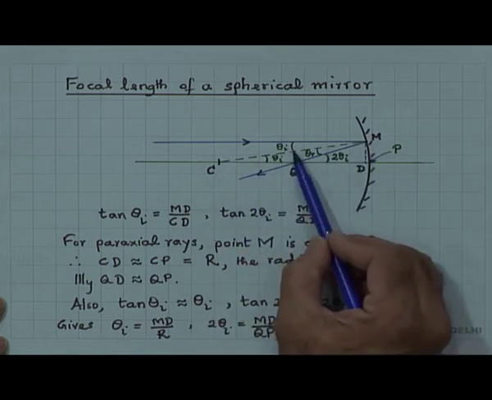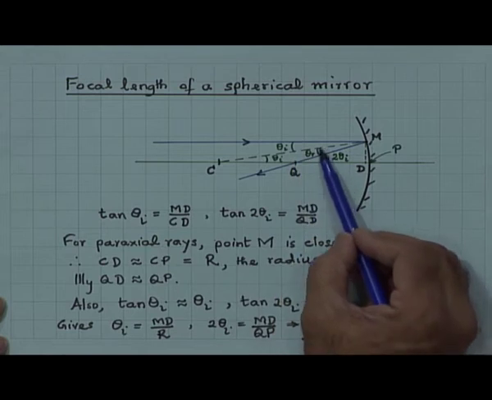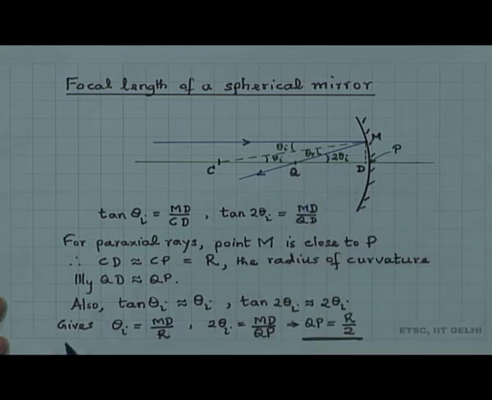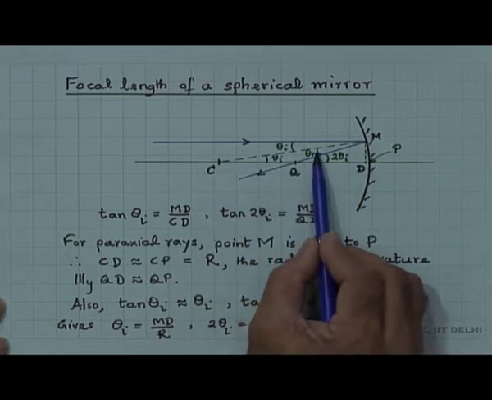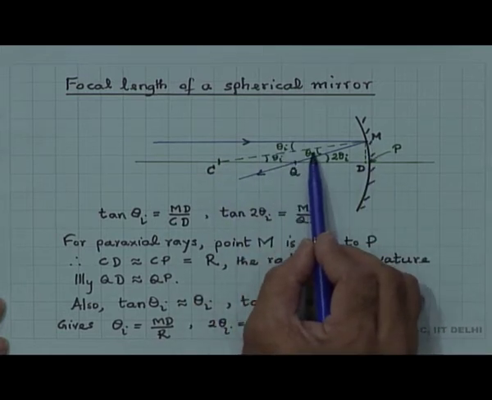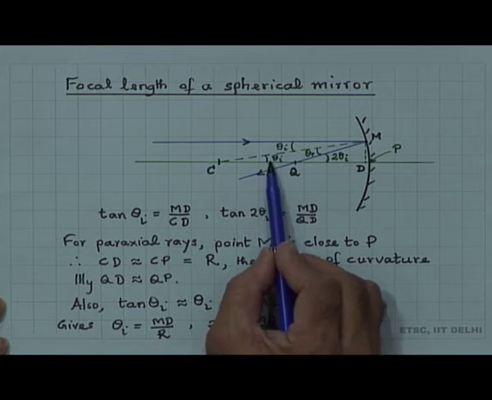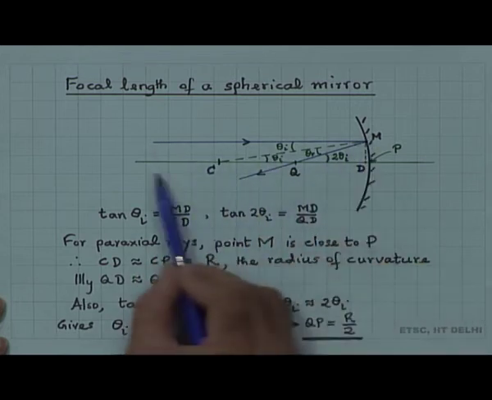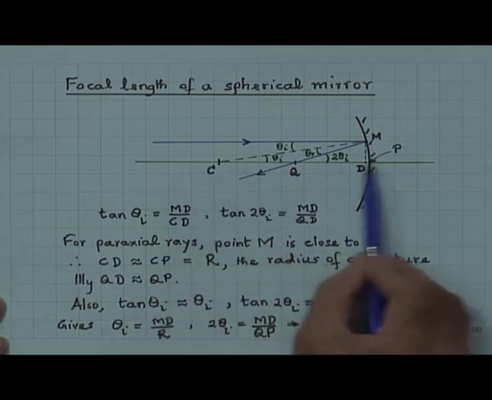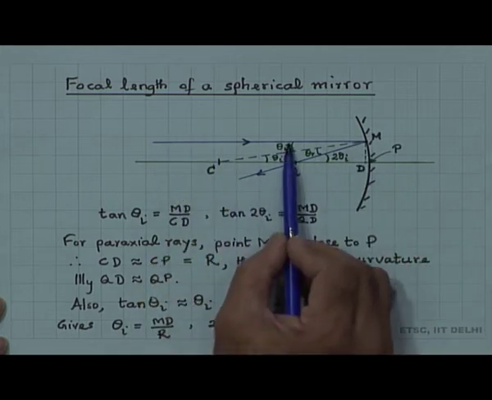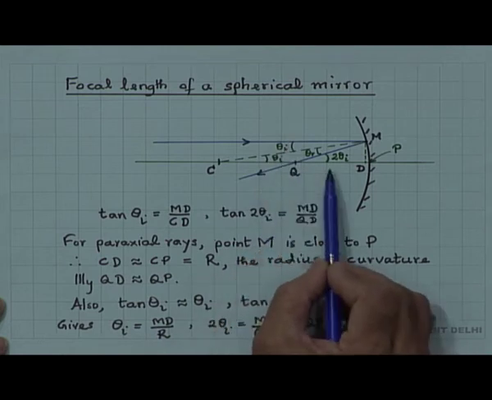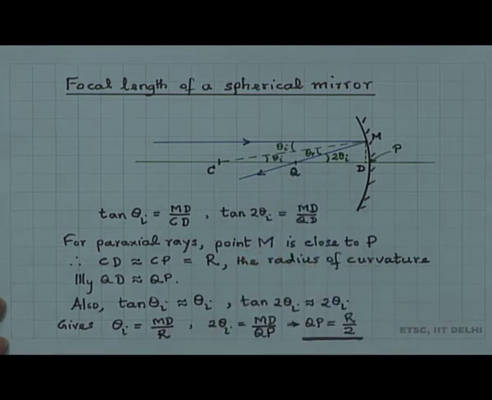This is the angle of incidence theta i and angle of reflection theta r equals theta i, and in this geometry we can clearly see that if this is theta i, then this angle is also theta i because the incident ray is parallel to the principal axis. So, this is theta i, this is theta i, therefore, this angle is 2 theta i.